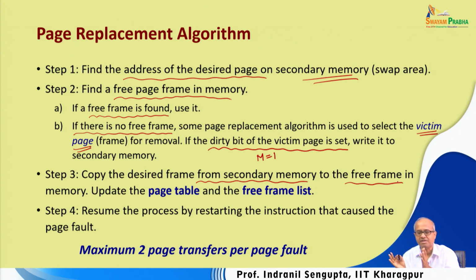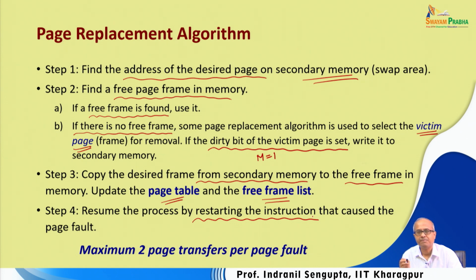And once you have done that, you will have to update both the page table and if required also the free frame list. So, after everything is done, everything is in place, you will have to go back to the program which resulted in the page fault and restart the instruction that caused the page fault.